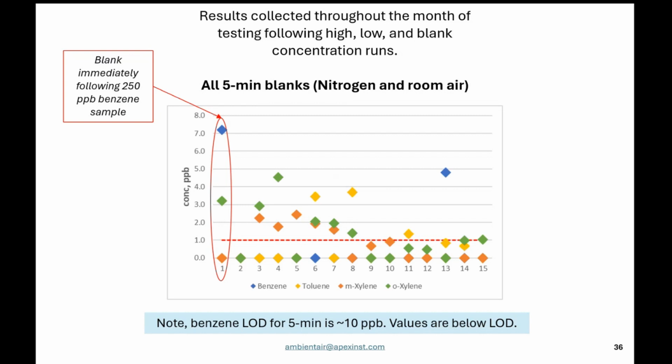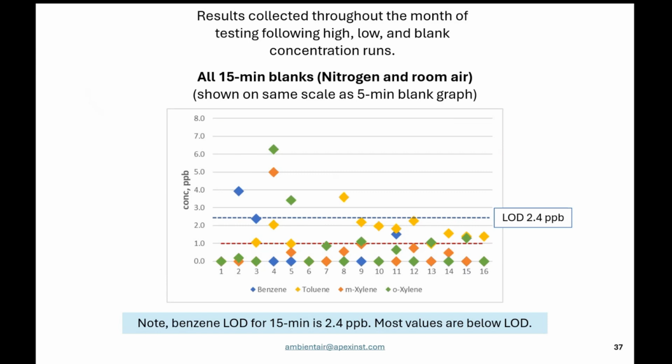Note that at the 5-minute sampling time, the limit of detection is around 10 parts per billion. So all the values here on this plot, even the one immediately following the 250 parts per billion benzene sample, are below the limit of detection, showing that the analyzer effectively clears out the analyte and doesn't suffer from significant historical effects.